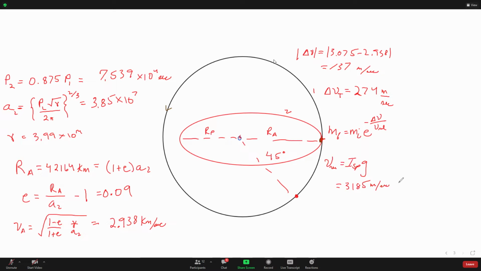So 2,000 times e to the minus 274 divided by 3,185.